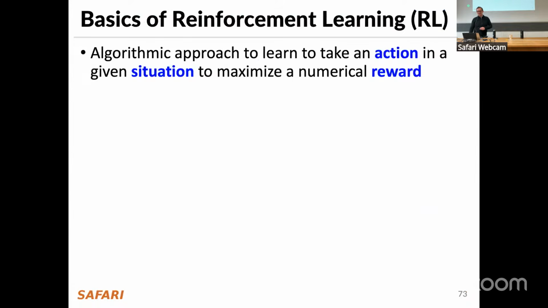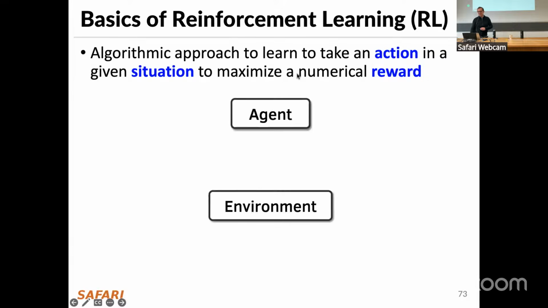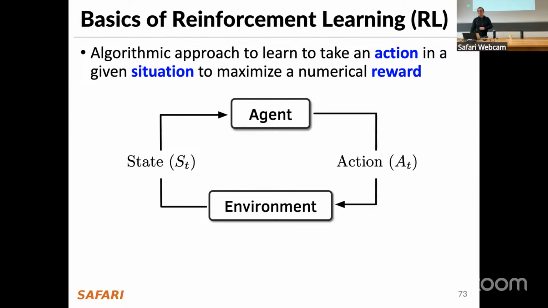And the idea is basically to apply reinforcement learning to the prefetcher design. And you've seen reinforcement learning earlier. This is an algorithmic approach to learn to take an action in a given situation to maximize some reward. So you have an agent that interacts with the environment. It observes the state of the environment, and it takes an action.